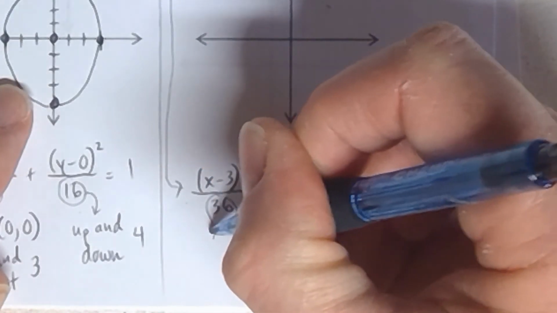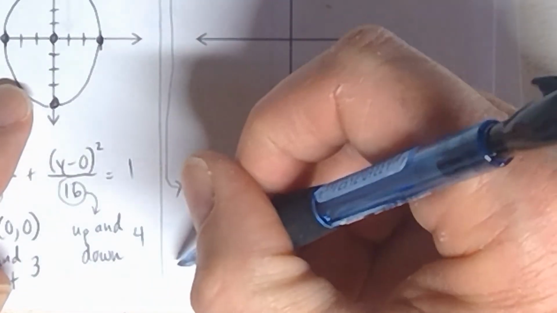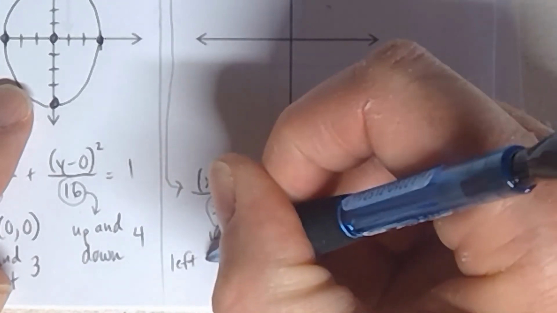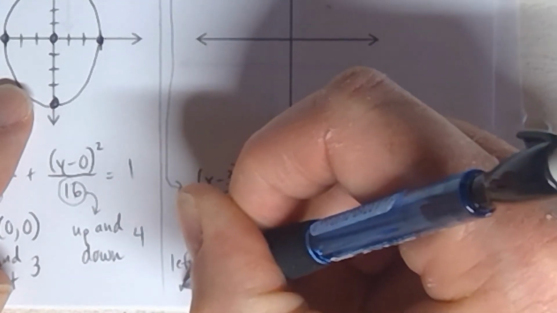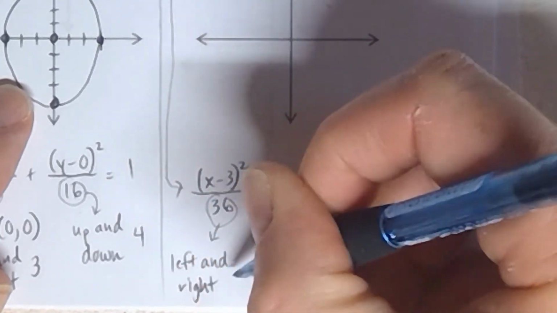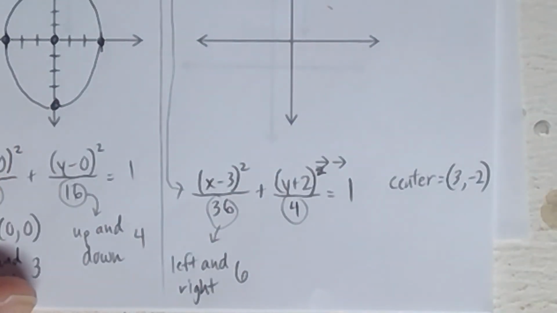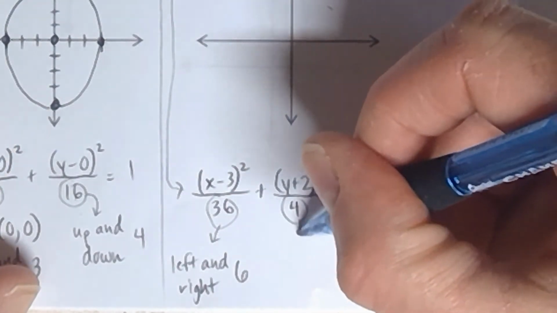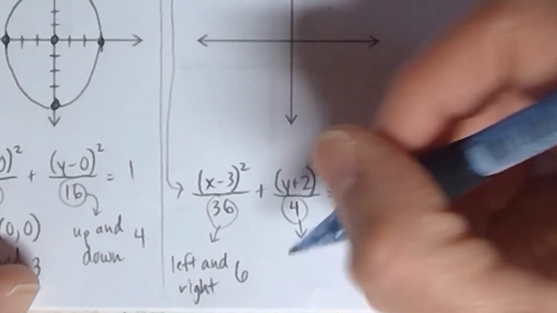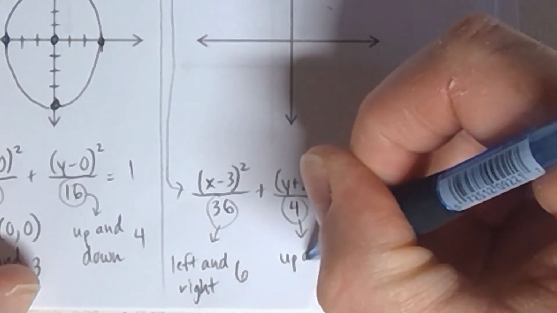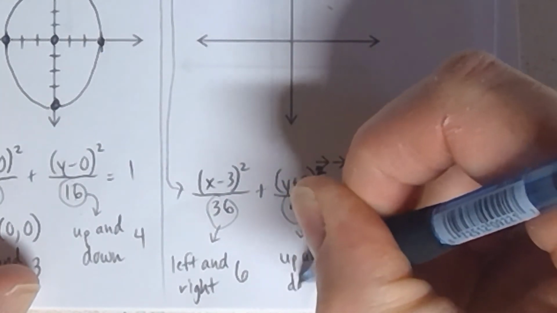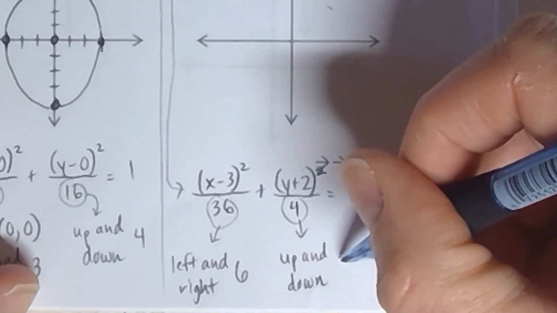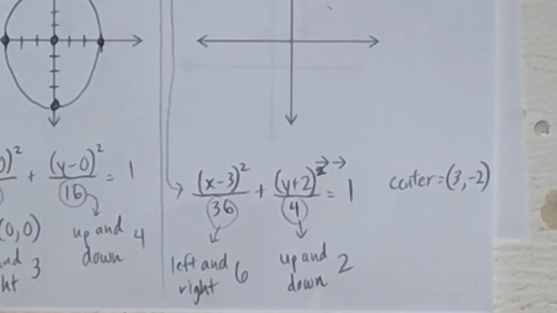Well, since the 36 is with the X, that means I'm going to go left and right a distance of 6, since 6 is the square root of 36. And then since 4 is with the Y, that means I'm going to go up and down. And what's the square root of 4? It is 2, and so I'm going to go up and down 2.